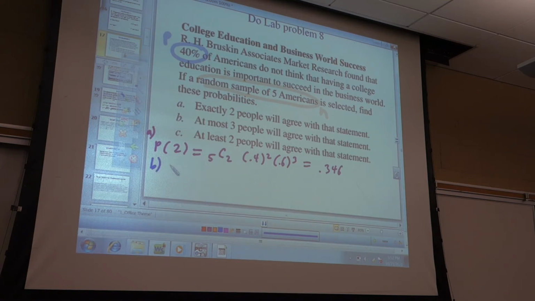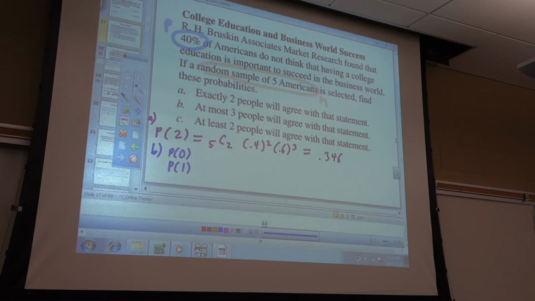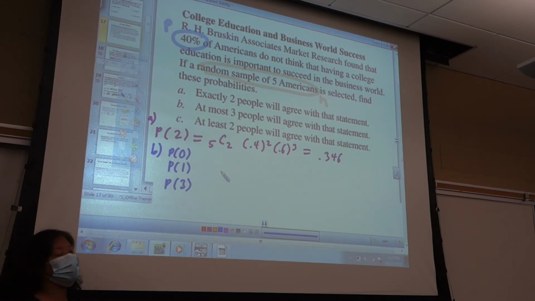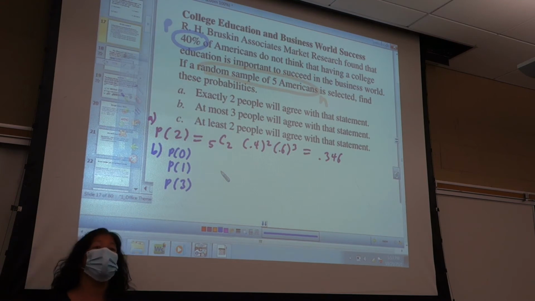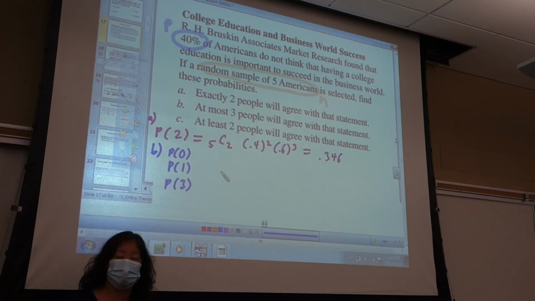So at most 3 means 0, 1, 2, or 3. I already have 2, so I don't have to do it again. So I need to find the probability of 0, 1, and 3. At most 3 people means 0 people or 1 person or 2 people or 3 people. Or, as we do what? Add.